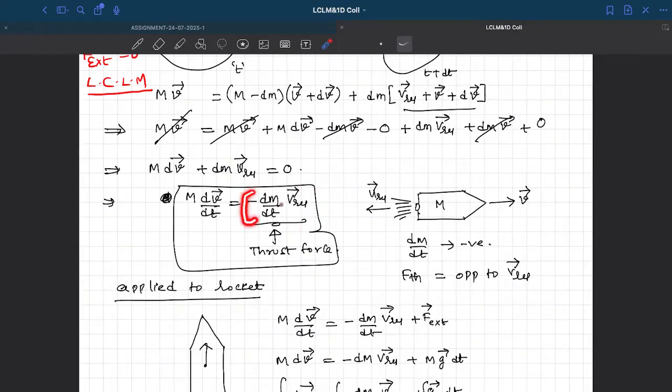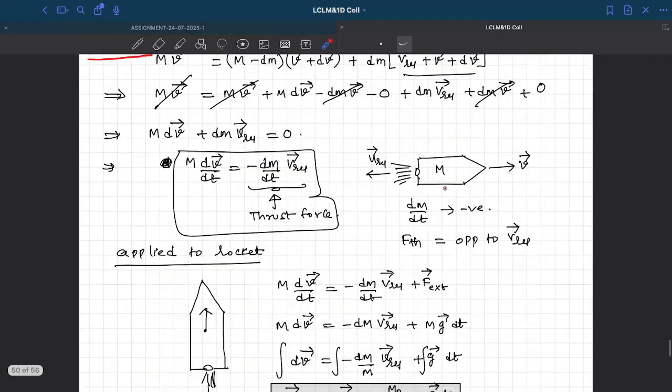Remember, this is actually a positive quantity because dm by dt is a negative quantity. The direction of the thrust force is opposite to the v relative velocity. Suppose this is the v relative velocity, the thrust force is in this direction.